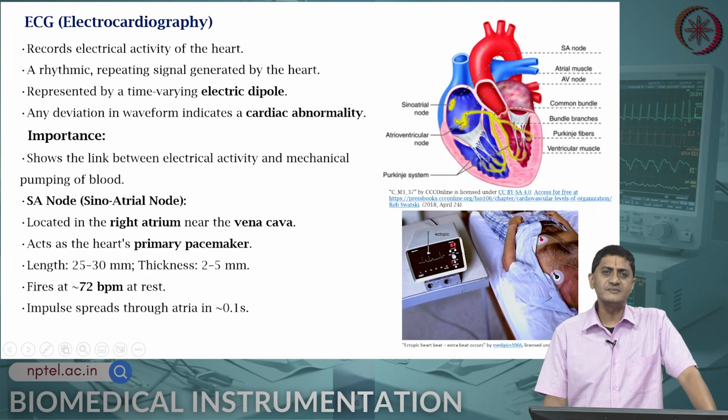So what is ECG? ECG essentially records the electrical activity of the heart, but the heart is a mechanical pump, is it not?